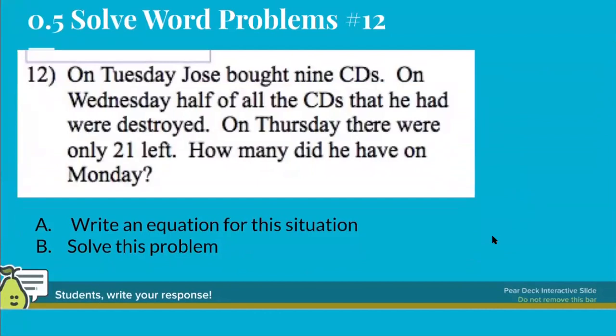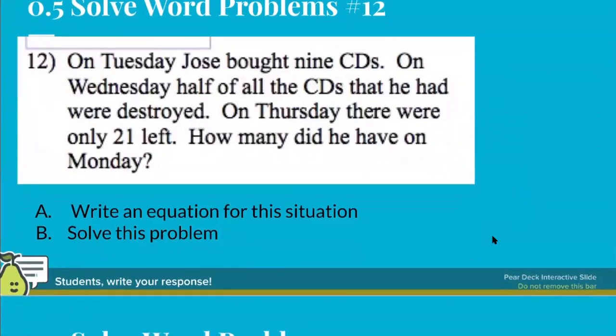For this one, it's asking you 2 things. You're going to write an equation and solve the problem. This one is a little bit harder, okay? On Tuesday, Jose bought 9 CDs, so that's 9. On Wednesday, half of the CDs that he has were destroyed. On Thursday, though, so that means he bought 9 more. So he has some CDs before.